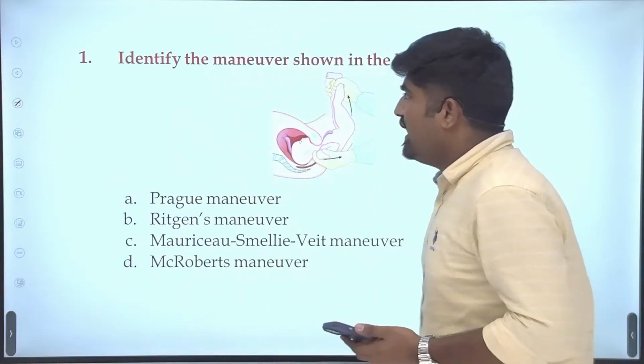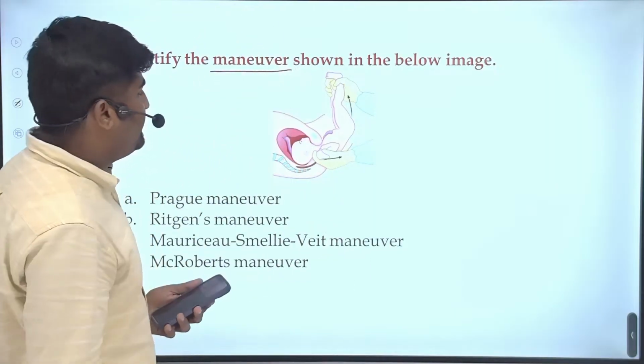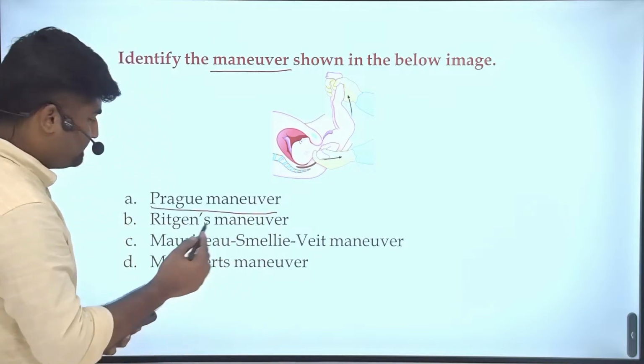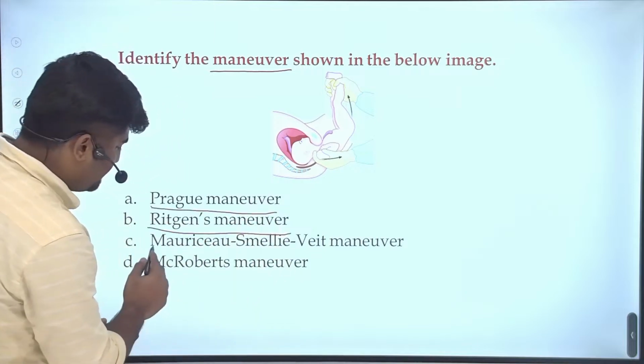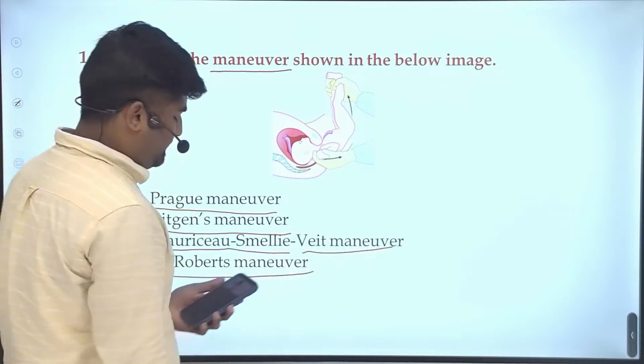First thing, identify the maneuver shown in the image below, whether it is Prague's maneuver, Ridgen's maneuver, Mauriceau-Smellie-Veit maneuver, or McRoberts maneuver. Come on, tell me.